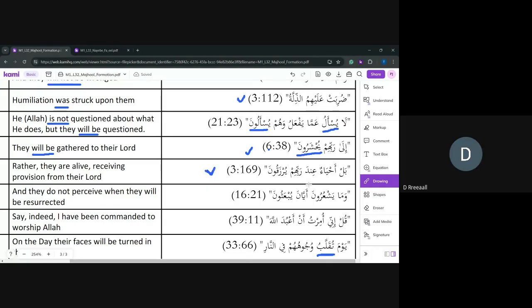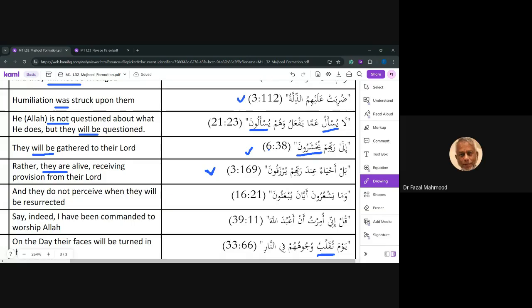Bal ahya'un inda rabbihim yurzaqun. Meaning, rather they are alive, receive provision from their Lord.